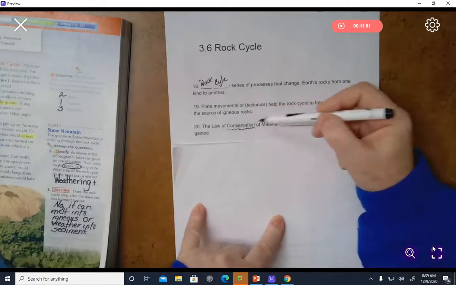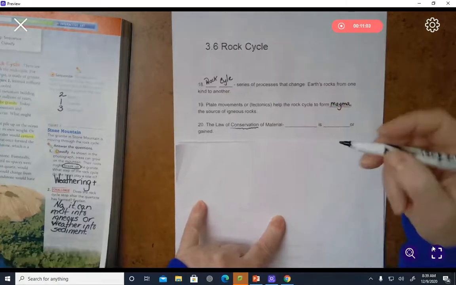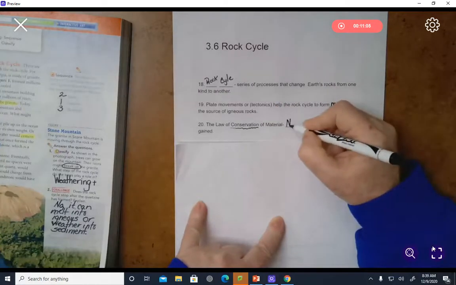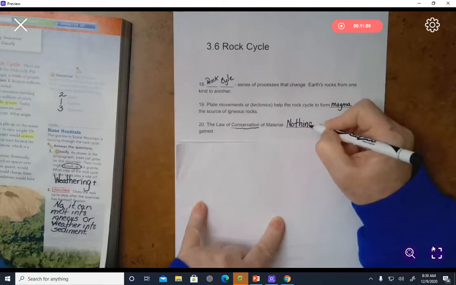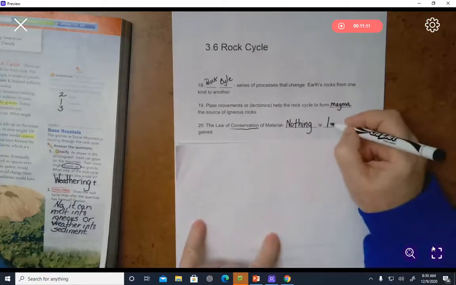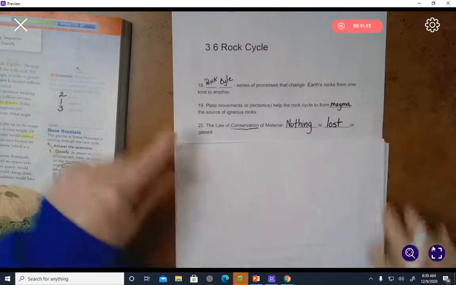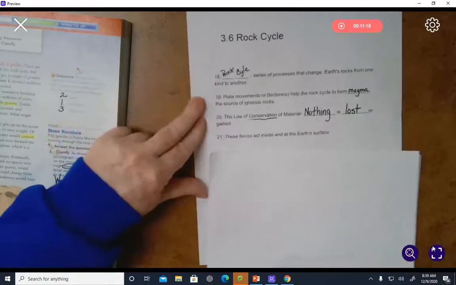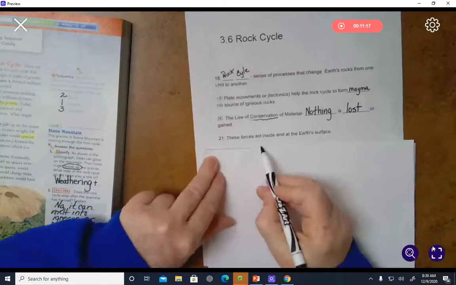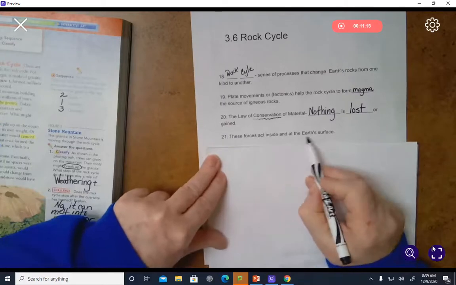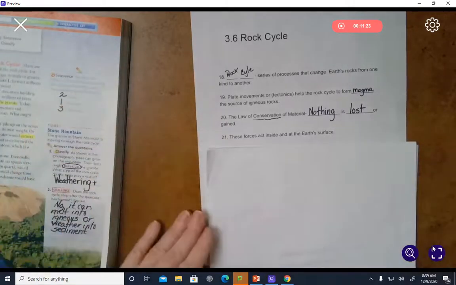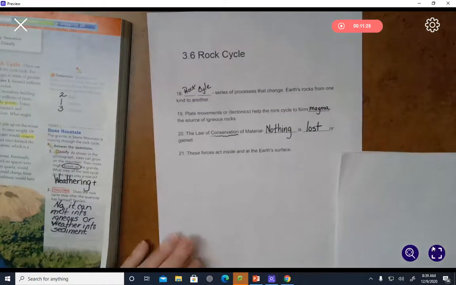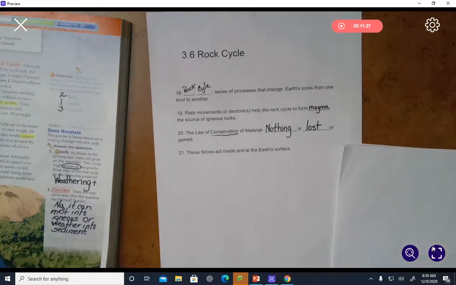It says the law of conservation of material means that nothing, no rock, nothing is lost or gained. And I want you to realize that these forces act inside and on the Earth's surface or at the Earth's surface. So you can pause the video if you need to be able to write that down.